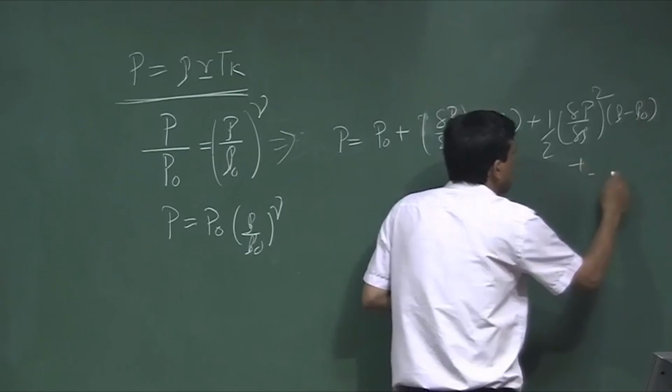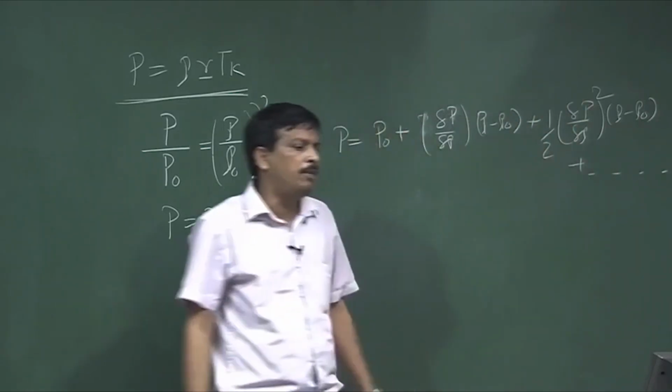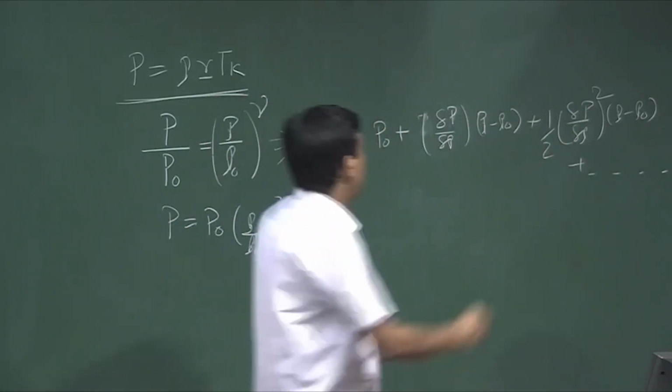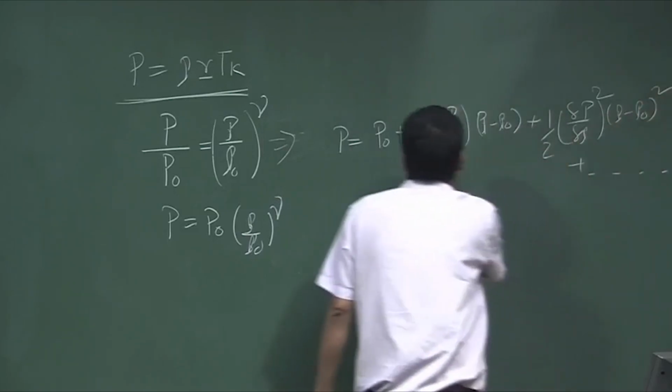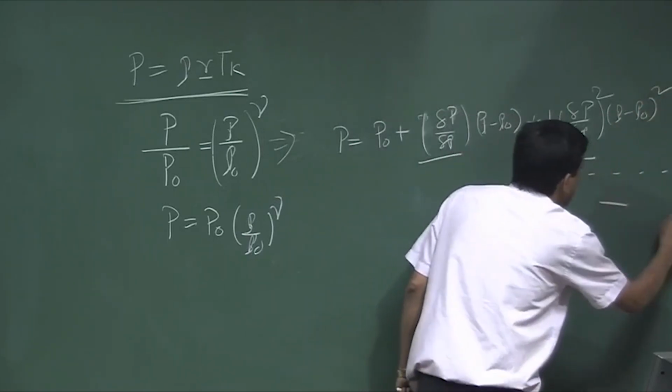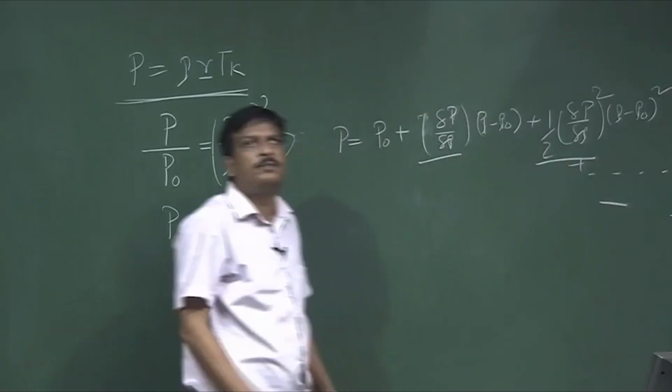That way all the terms will come. So this is the first order, second order, then third order, fourth order, fifth order terms will come.